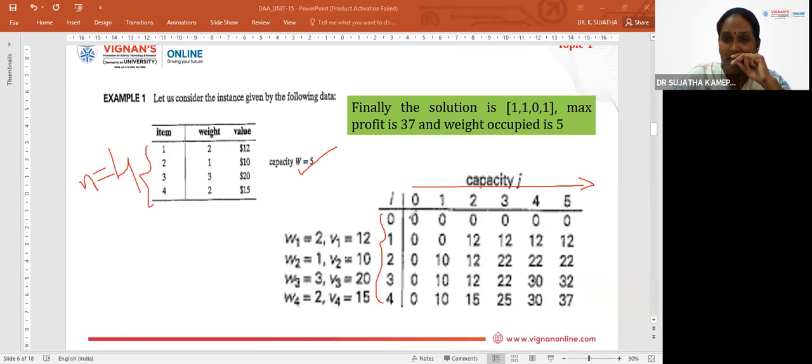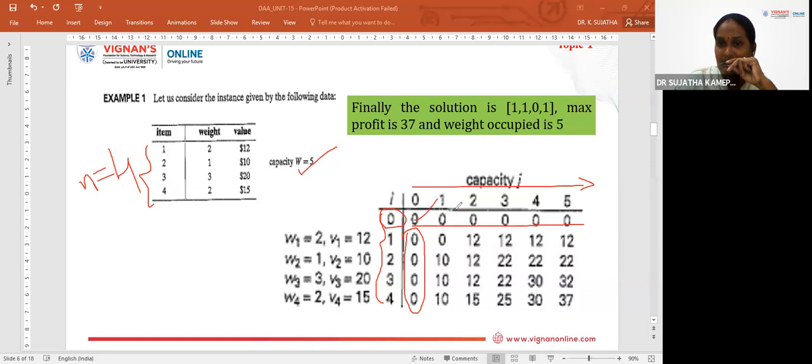So here every time we need to select one object, right? Now let us see how we are going to fill these values using the recurrence relation. First we are selecting the 0th object. Since there is no 0th object, the capacity filled is 0 in the knapsack, and the object selected is also 0.